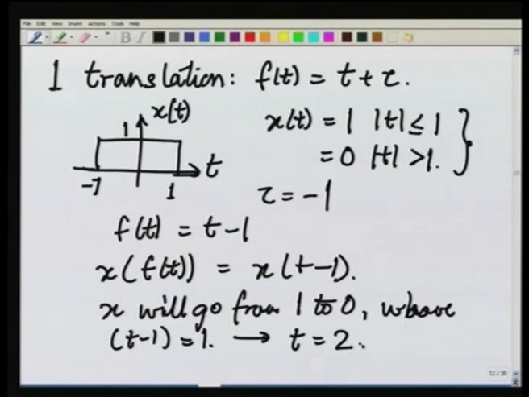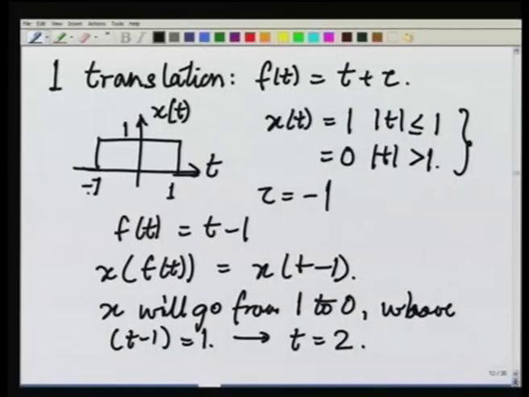That is where it undergoes the transition from 1 to 0. Where does it undergo the other transition? The other transition is from value 0 to value 1, and it underwent the transition when its argument was minus 1.